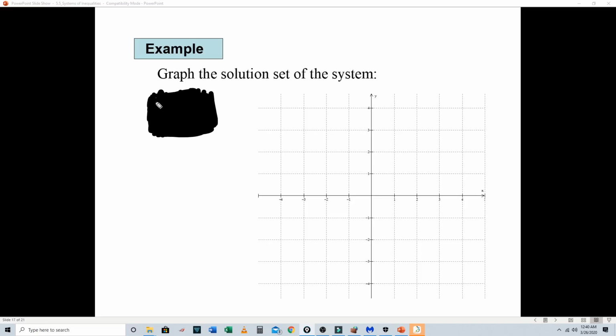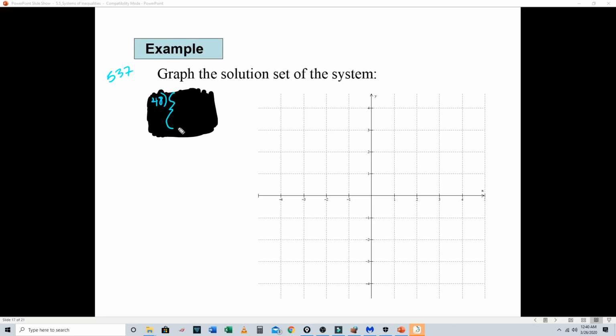So we're doing number 48. So 48 on page 537, which is x squared plus y squared is less than or equal to 4.